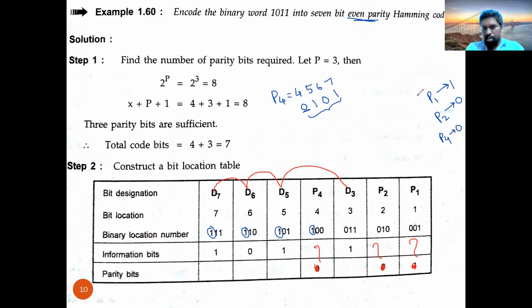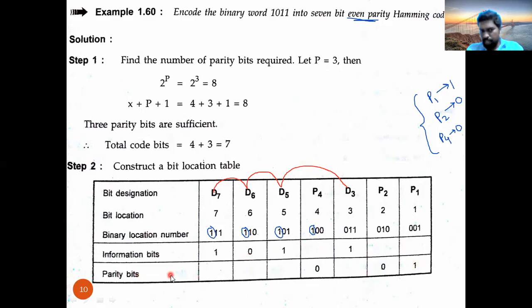So we have found the values of P1, P2, and P4. Now just replace them. What is the value of P1? 1, so write it here. Next, what is the value of P2? 0, write here. And what is the value of P4? 0. So the given values are placed here. Replace the P1 value in this column, not the above column.